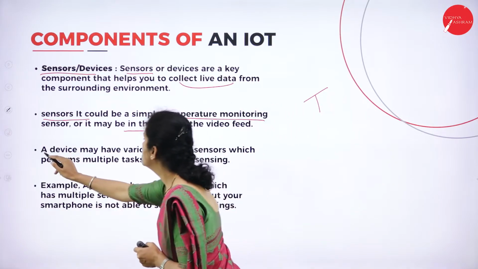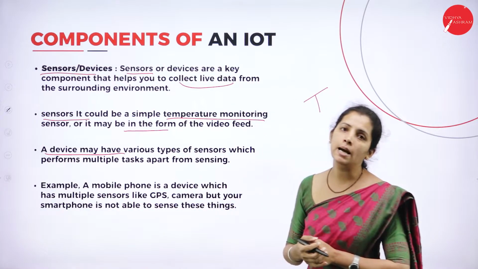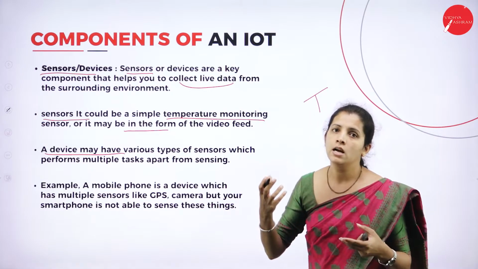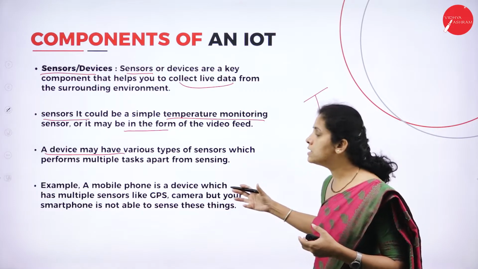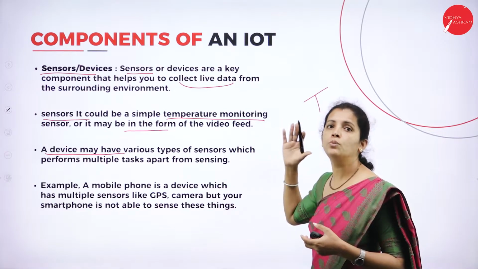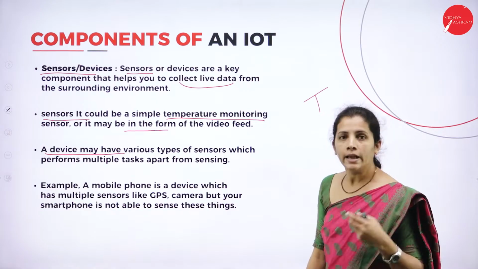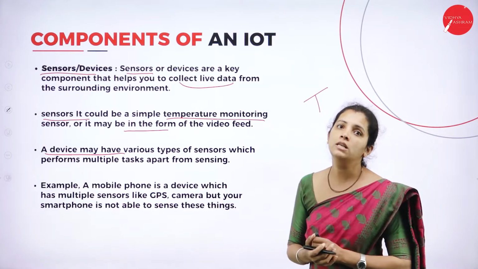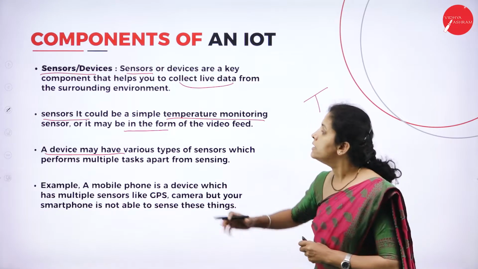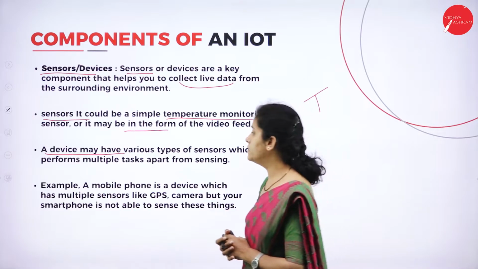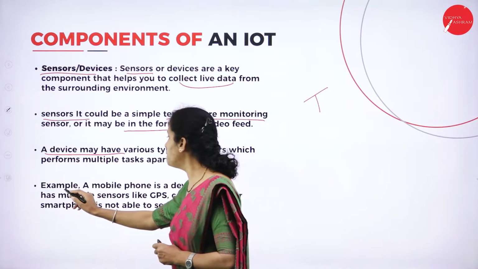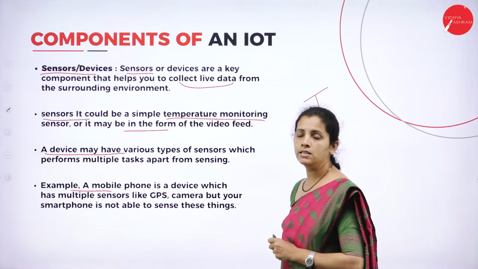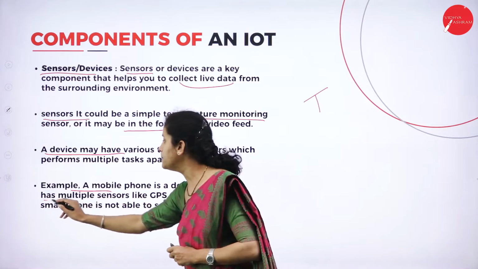A device may have various types of sensors. That means a device can have various types of sensors. Even they can perform multiple tasks except sensing. That means the job of the sensor is not only sensing; it can also perform different tasks. For example, a mobile phone is a device which has multiple sensors.